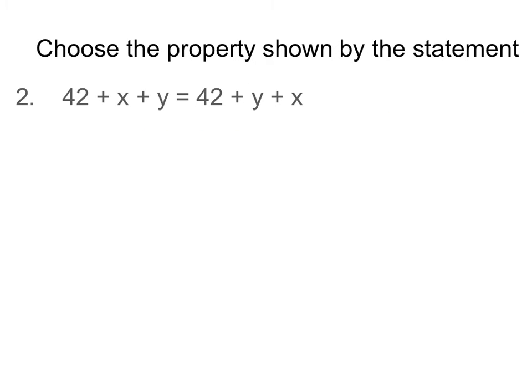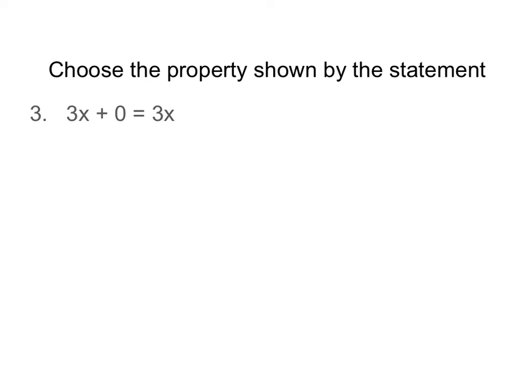Looking at this one, I can see that the x and the y have switched. Therefore, it's the commutative property of addition. For number 3, I see that's 3x plus 0, and that gives me the same number, which is 3x, so it's identical. So this is the additive identity.